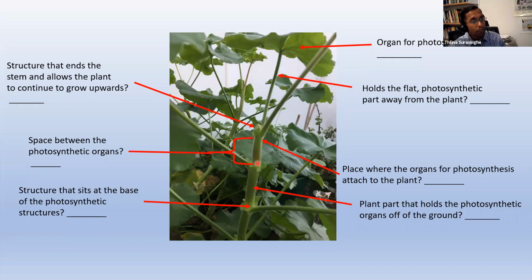Now this particular part where buds and petioles arise, what do you call that? Start with the letter N. That's a node, right? That's correct. The part in between 2 nodes, internode? Correct. As simple as that, right?